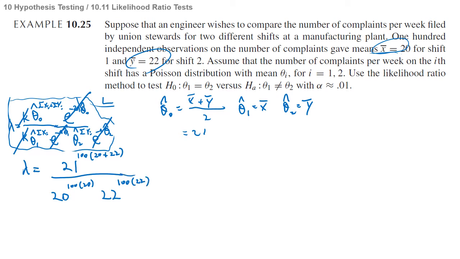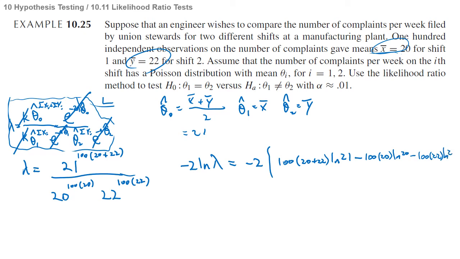This is the lambda value, and what we want is minus 2 ln lambda, which is 100 times 20 plus 22 ln 21, minus 100 times 20 ln 20, minus 100 times 22 ln 22.